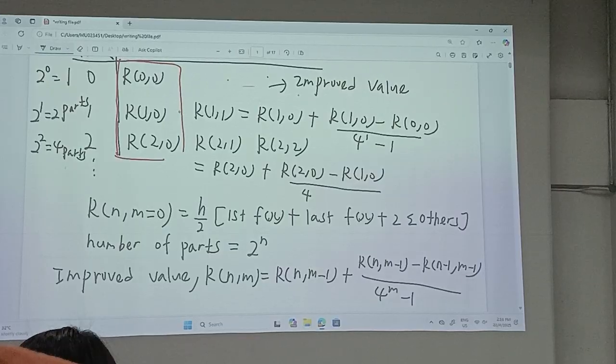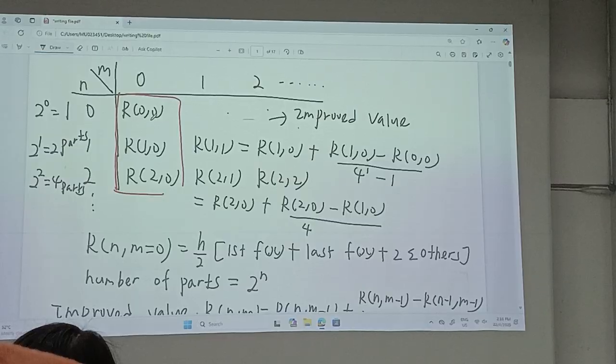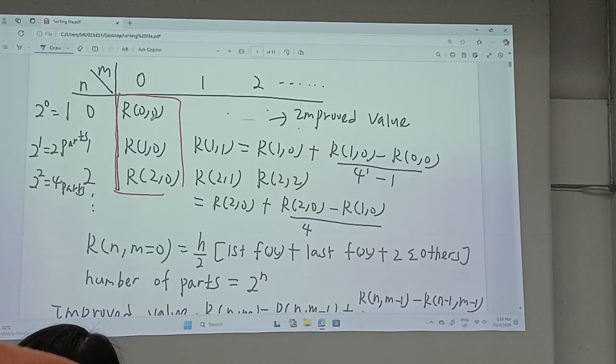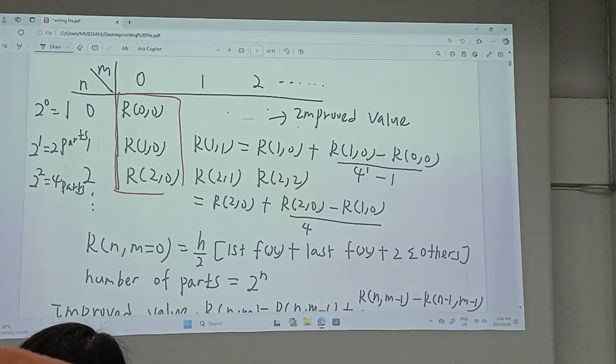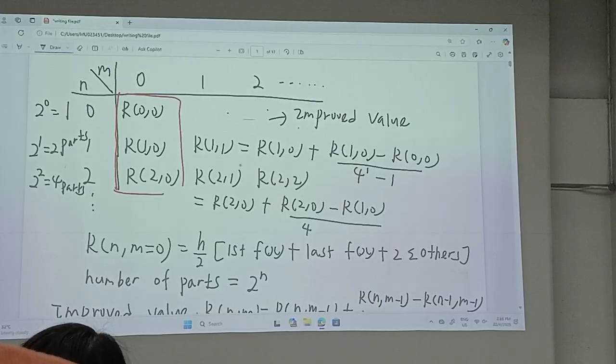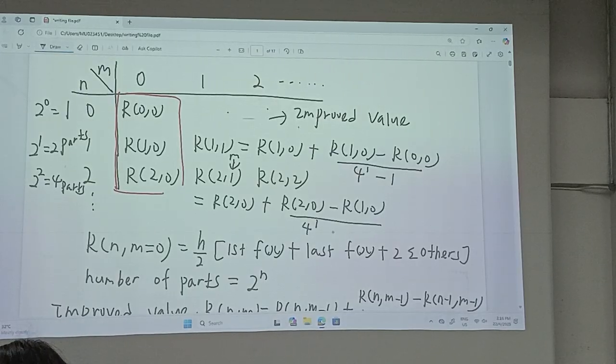What's the m value again? Look at here. What's the m value? Yes, 1, right? M equal to 1. 4 power 1. Okay?